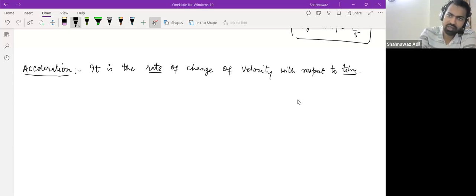So mathematically, how do we represent acceleration?